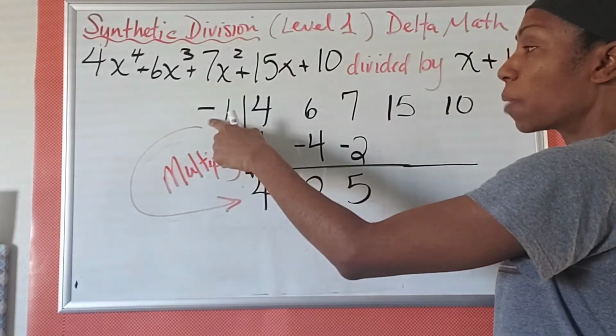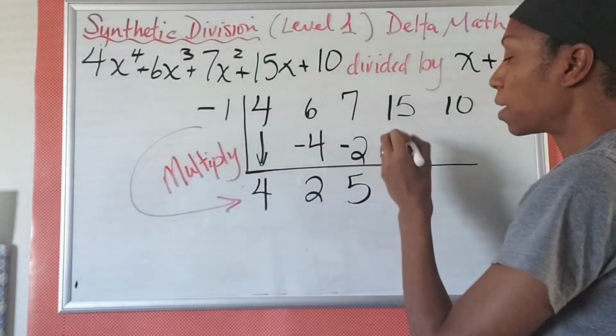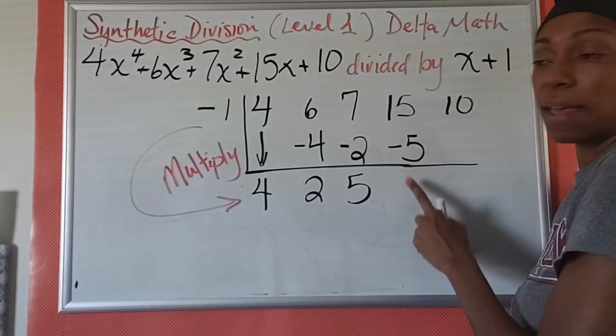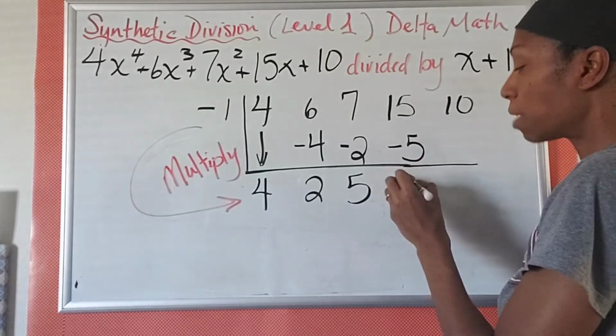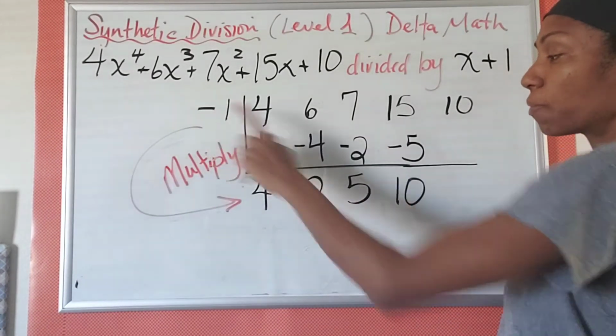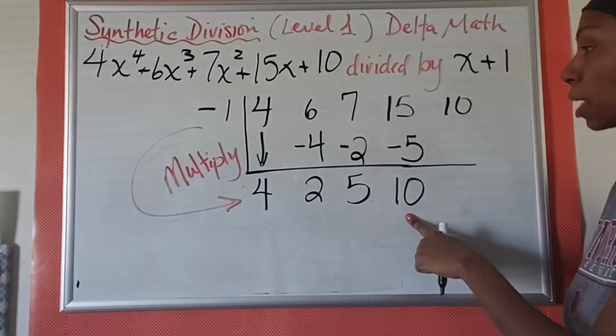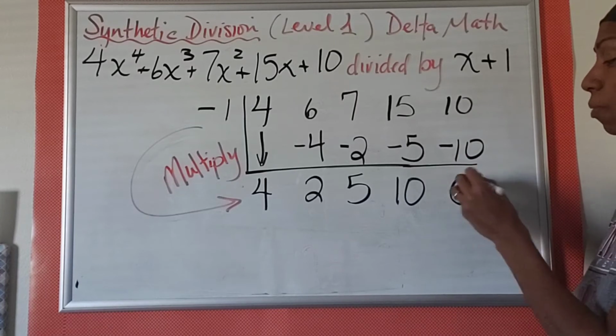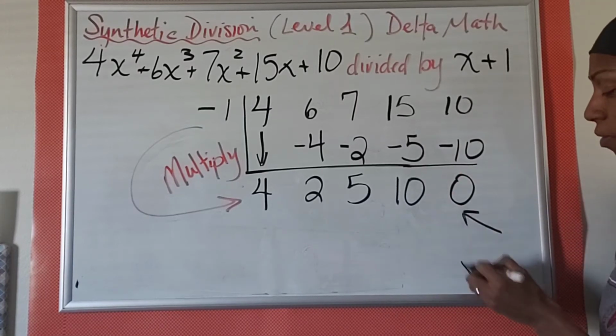Negative 1 times 5 is negative 5. 15 minus 5 is 10. Negative 1 times 10 is negative 10. 10 minus 10 is 0. So we have another remainder of 0.